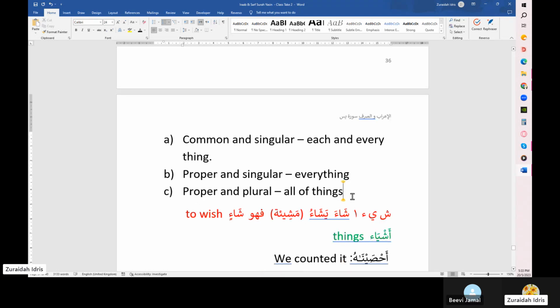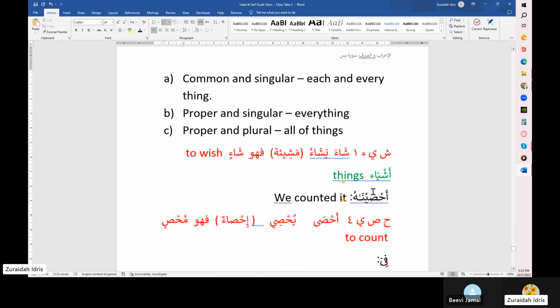So tell me why there is no common and plural. Why doesn't kula come with common and plural? We've got common and singular, proper and plural, but we don't have common and plural. Does it make sense to have it?